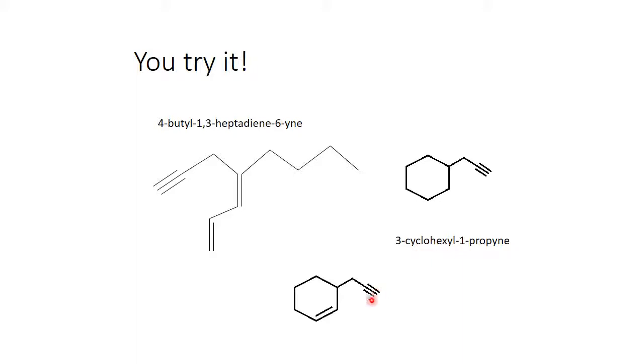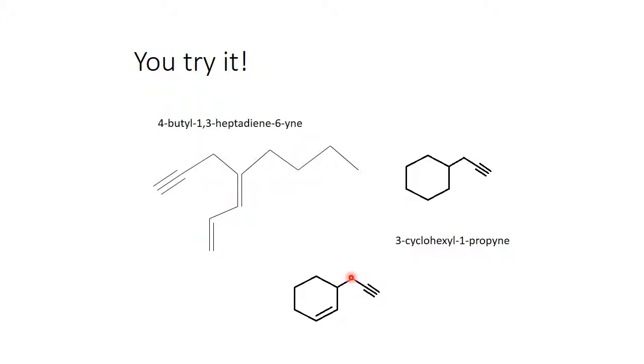If I look at this, I can see there's an ene and a yne. The ene has priority over the yne, so we're going to name this as a cyclohexene. The substituent is 1, 2, 3 on the number 3 carbon, and it's a propyne, so we will call this substituent propynyl.